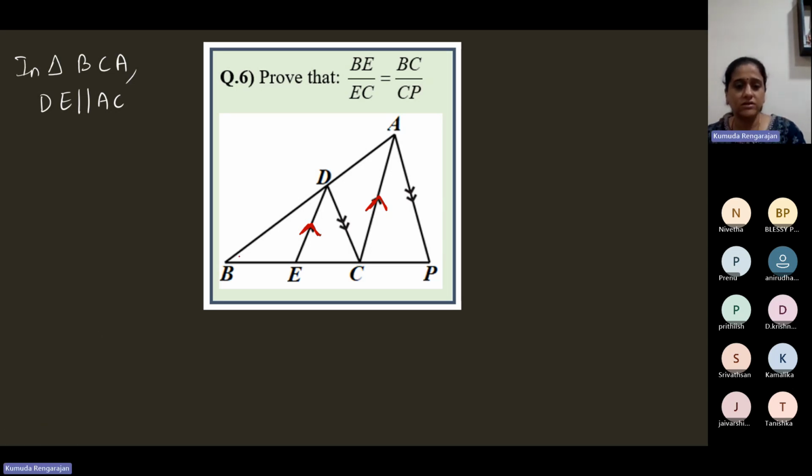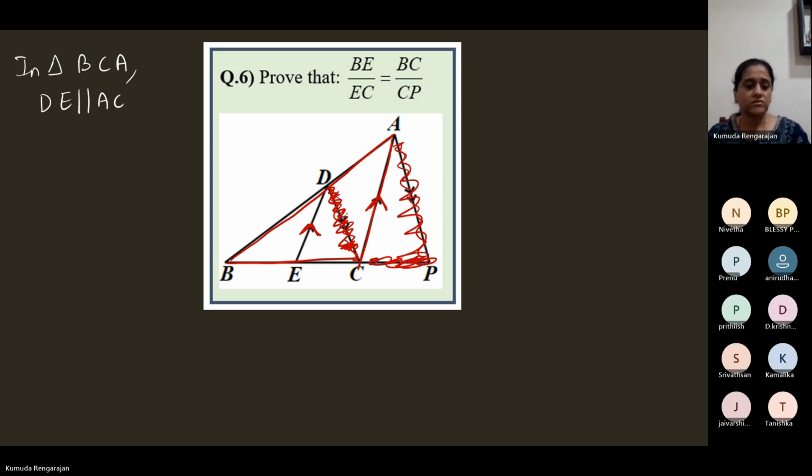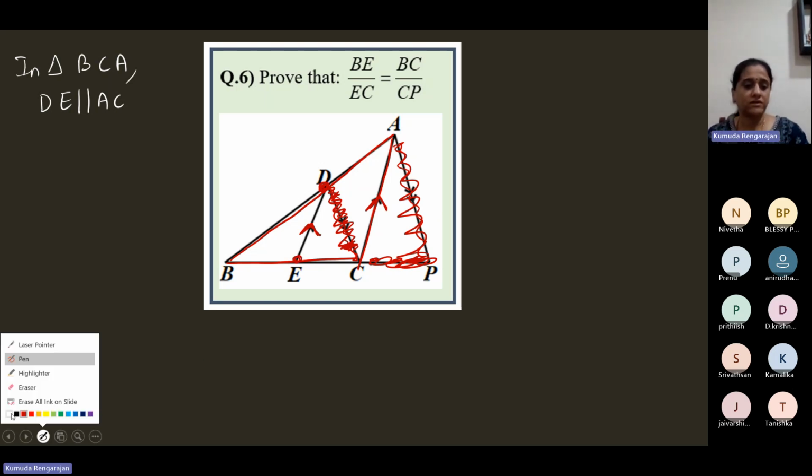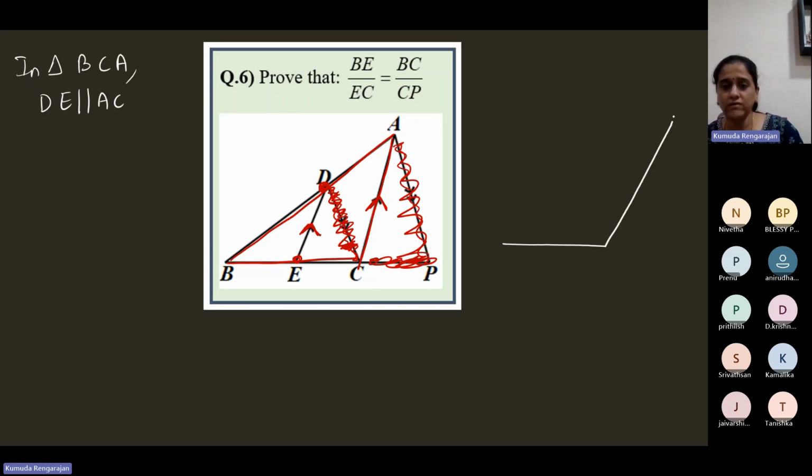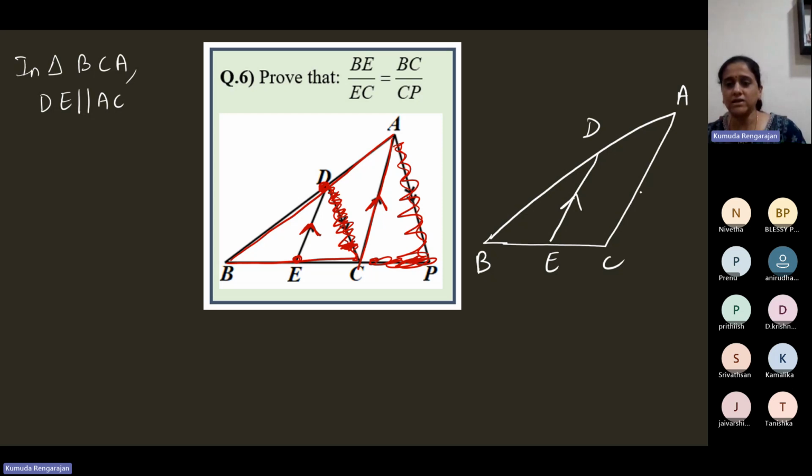This is a triangle. Don't see the other lines. Just see this triangle, B, C, A, in which DE is parallel to AC.